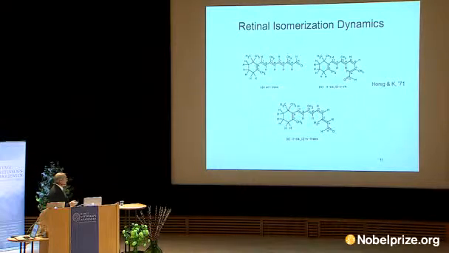Now, one of the things that we wondered about in the 11-cis chromophore ready to be photoisomerized is that you have the possibility that around the 12-13 bond, it can be cis, it's called s-cis because it's a single bond, or it can be s-trans.